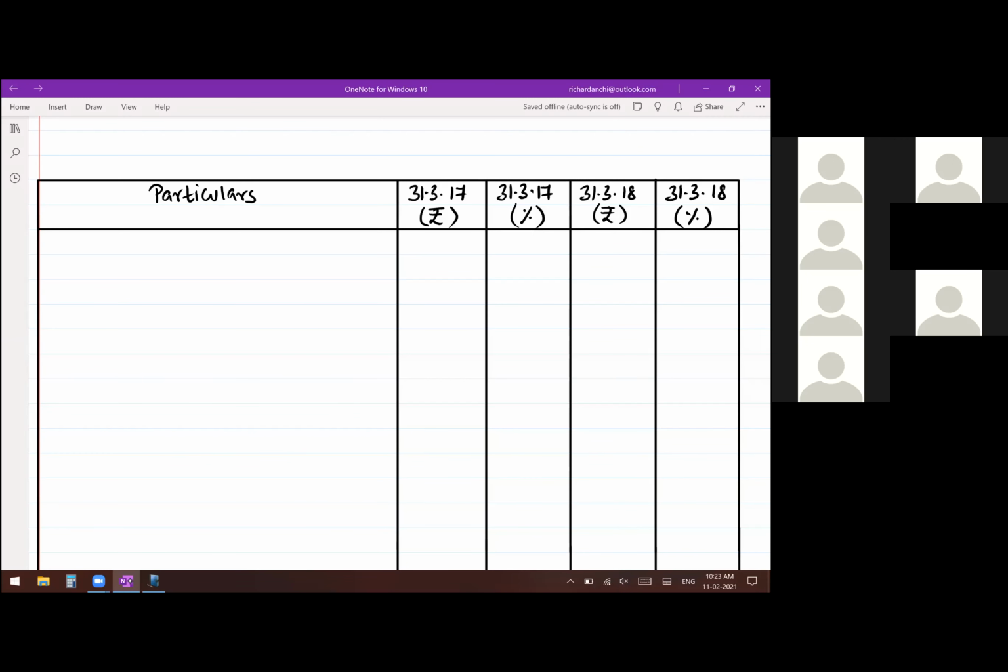Okay, question number 8 is what we are solving right on top. Comparative income statement. Sorry, not comparative. We are solving today common size. So write on common size income statement.